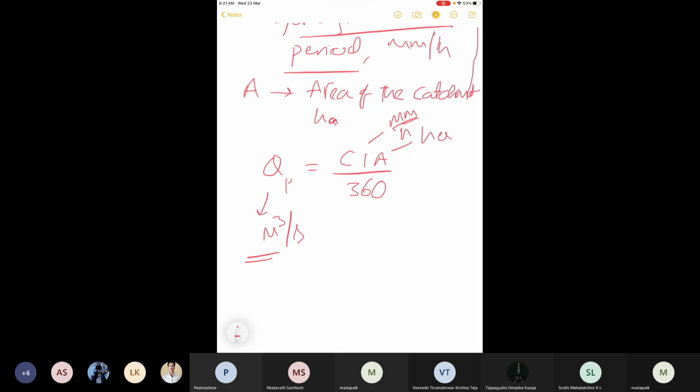There are some assumptions we need to consider while using this formula. The first thing is that the intensity of rainfall should be uniform during that particular storm interval.